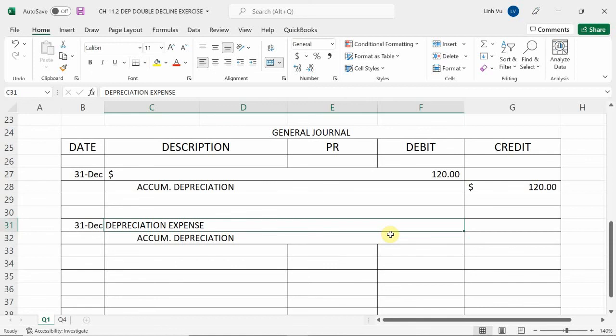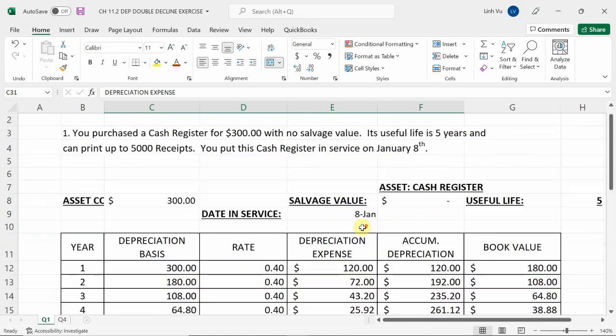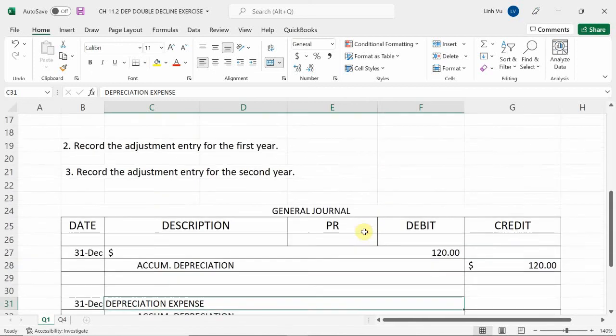What's my depreciation expense for the second year? 72. $72.